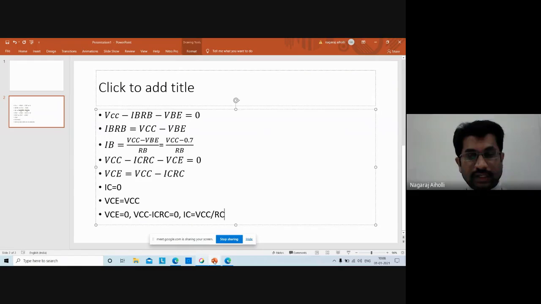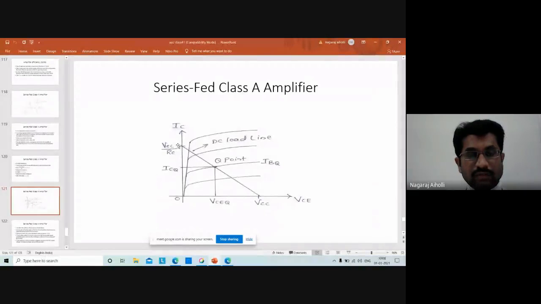That is the equation that we are getting here, IC is equal to VCC by RC. That is the point on the y-axis.